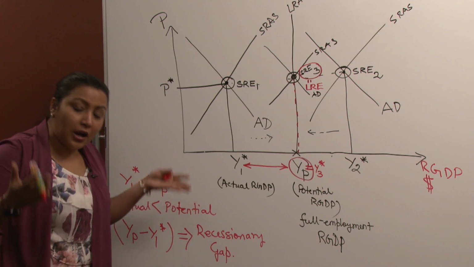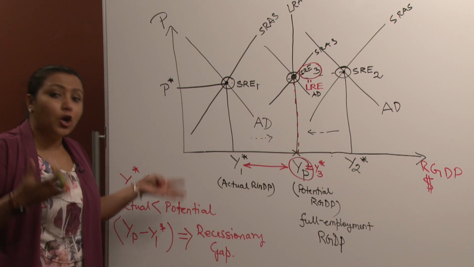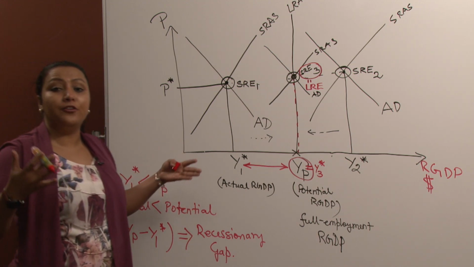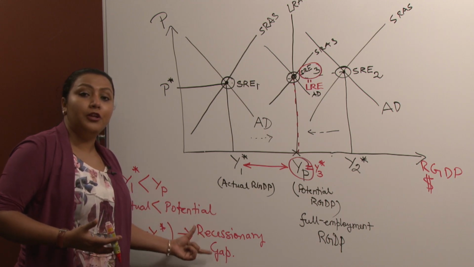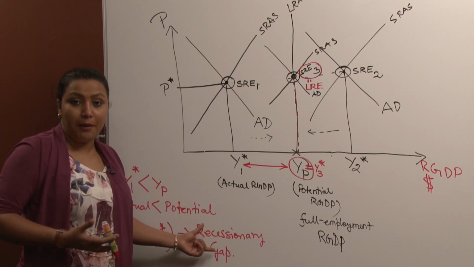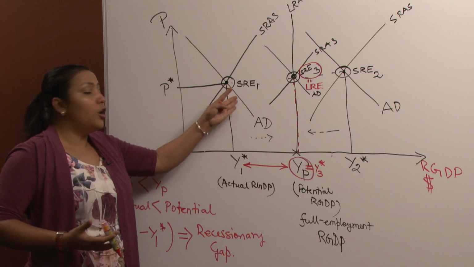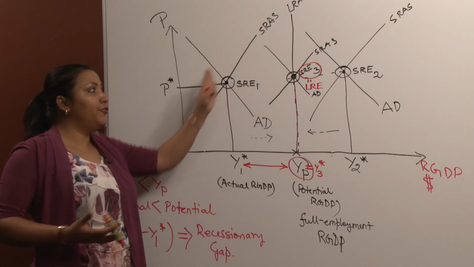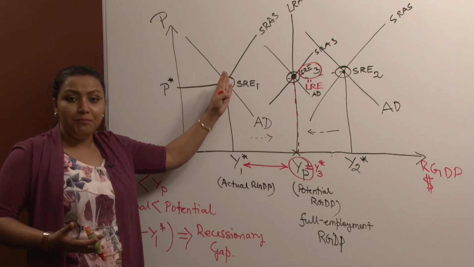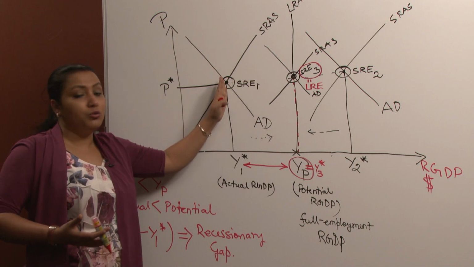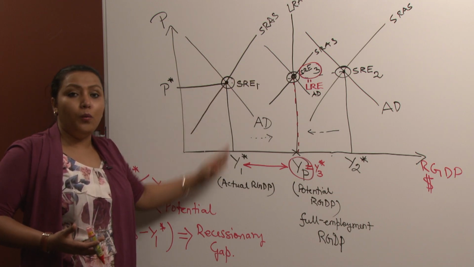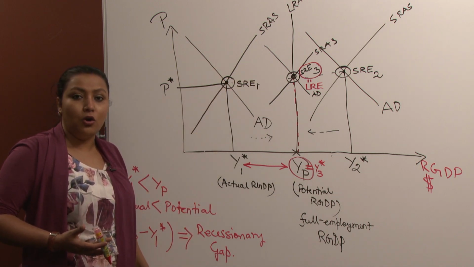It means your country right now falls short of its potential by $500, and that kind of an output gap is called the recessionary gap. So whenever the short run equilibrium is to the left of the long run aggregate supply, there will always be a recessionary gap in the economy.